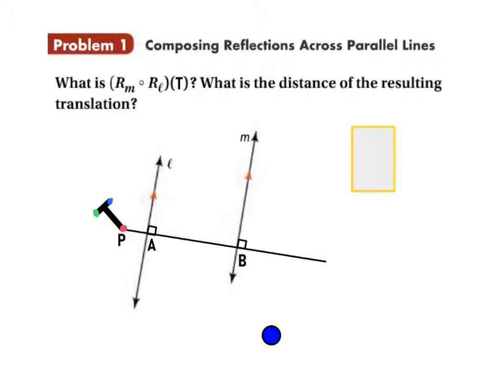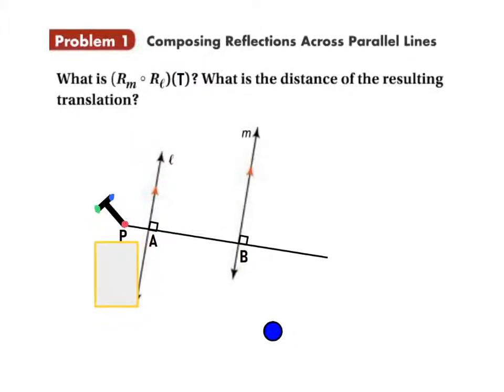But here's what I'm going to do. I'm going to take my index card, and I'm going to bring it over here, and what I want to do is line it up with my red dot, you can see, to create this right angle with line L. Now, this first line, I actually already drew a perpendicular in there for you, but I'm going to show you how I did that perpendicular.